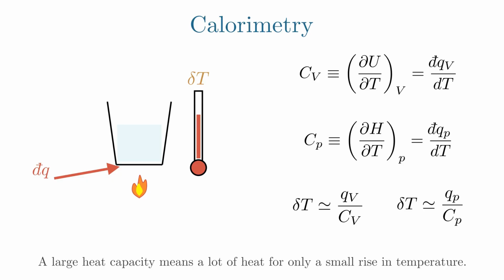Thus, a substance with large heat capacity requires a large amount of heat to produce a small temperature increase, whereas a substance with a small heat capacity changes temperature more readily. In general, heat capacity depends on temperature.